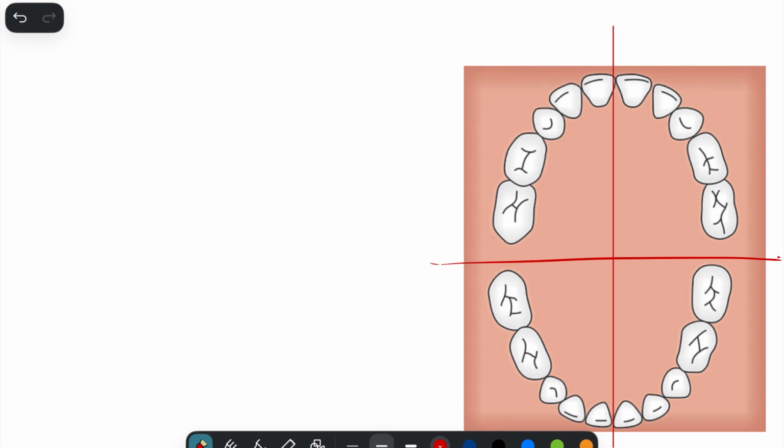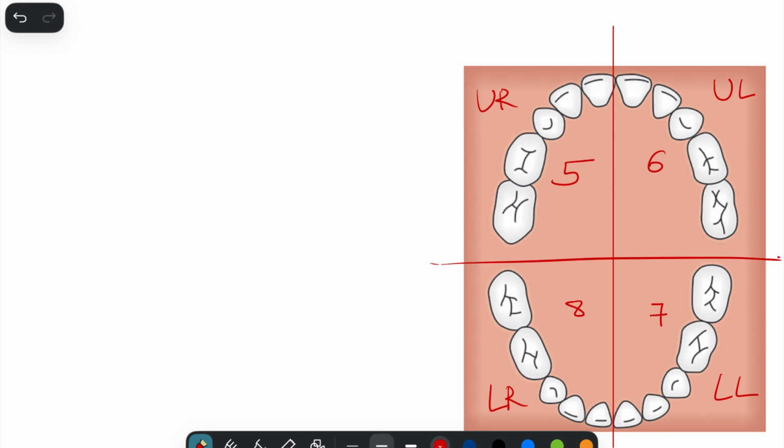Here the upper right quadrant is represented with number 5, upper left quadrant number 6, lower left quadrant number 7, and lower right quadrant number 8. So this is how you represent the quadrants for the primary dentition.